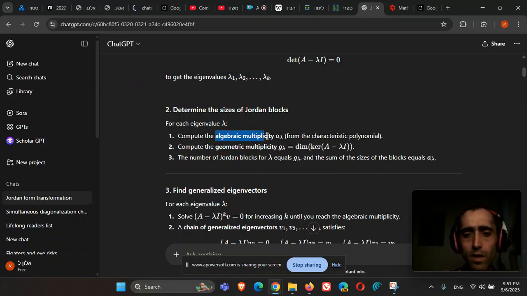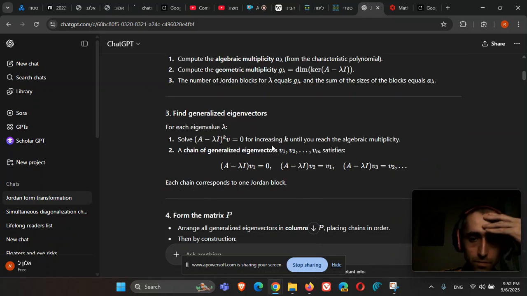By computing the algebraic multiplicity and geometric multiplicity, from the characteristic polynomial or from the kernel, you can know how many blocks you have and what is the biggest size, so you know the number of Jordan blocks for lambda. The number of blocks is the geometric multiplicity, and the sum of sizes of the blocks equals the algebraic multiplicity. Anyway, you can construct the Jordan form by this.